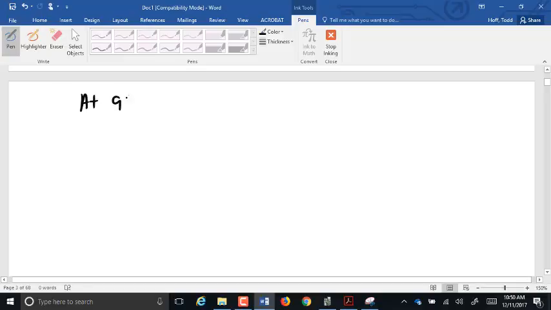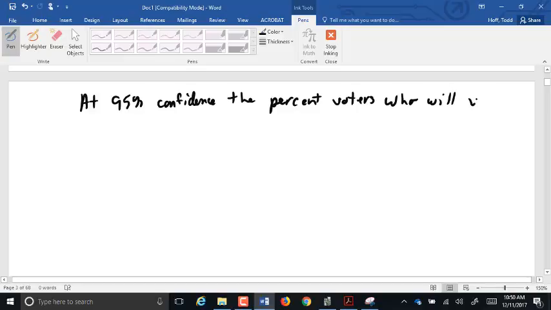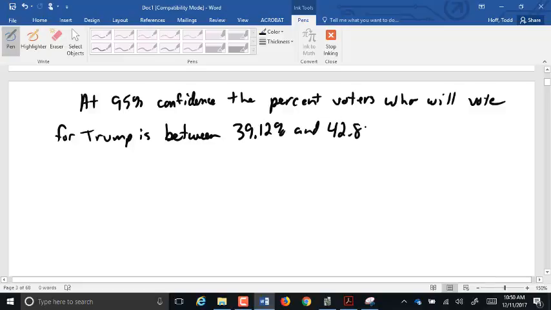So we'll say at 95% confidence, the percent of voters who will vote for Trump is between 39.12% and 42.88%.